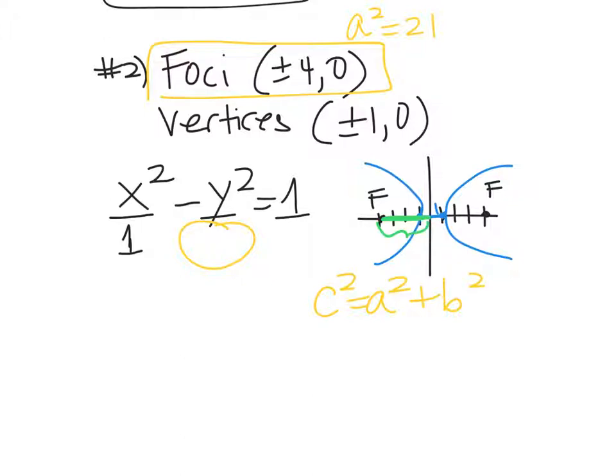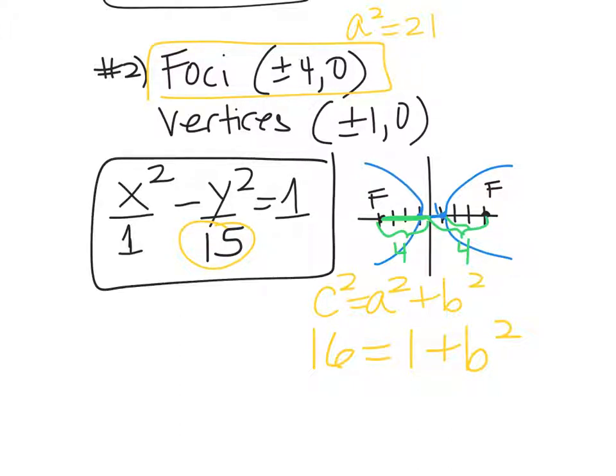If you count it, it's a distance of 4. From the center out to the foci. Not vertex to foci, but the center out to the foci. It's a distance of 4. So 4 squared is 16. A squared is 1. Go ahead and solve. Subtract 1. B squared is 15. And you just plug it in, and you got it.